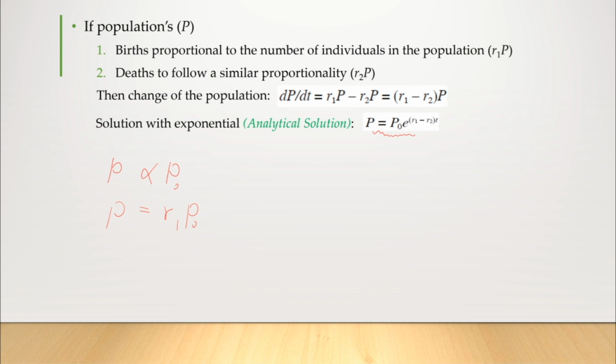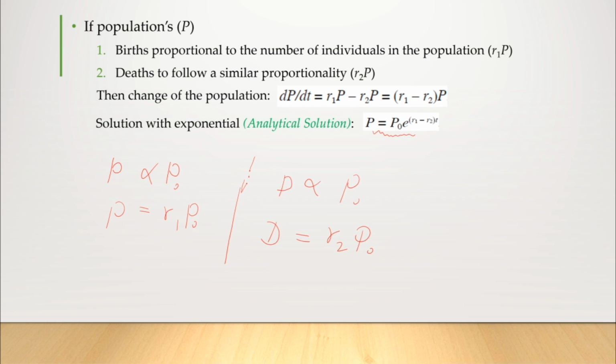Again, for the deaths we can say the same: D is proportional to the previous population, so of course you have to have the previous population to calculate that. This means D is equal to a constant times the previous population, P0 in this case.